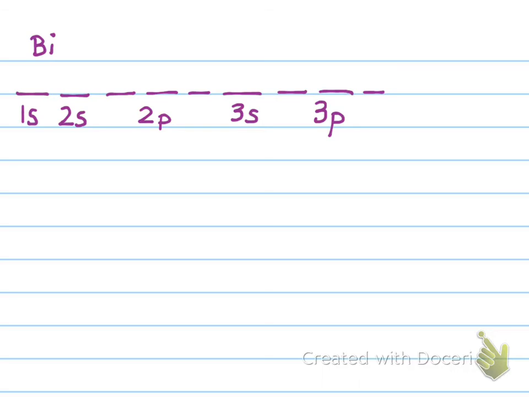So now I'm on my 4s, which takes me to potassium and calcium. Now I come to my d's, and remember my d's are 1 behind. So although I'm in the 4th period, these are 3d's. And there are 5 of them, right? Because d orbitals have 5. So there are my 5 3d's, which takes me to zinc.